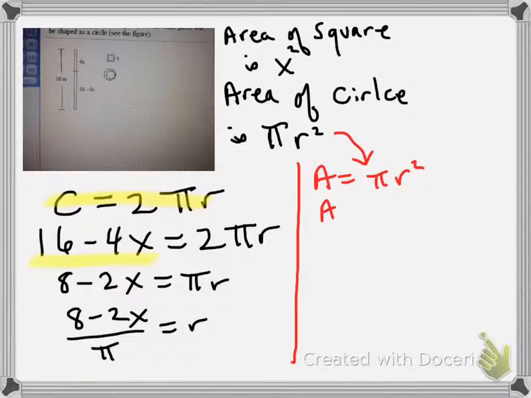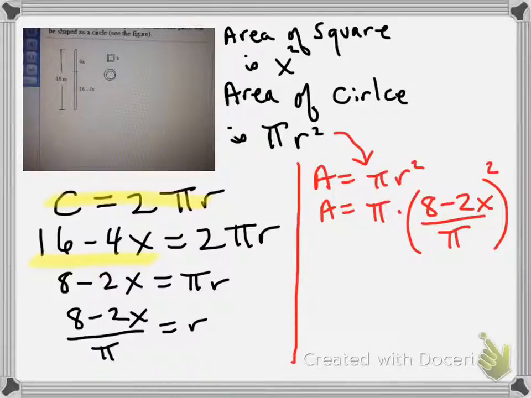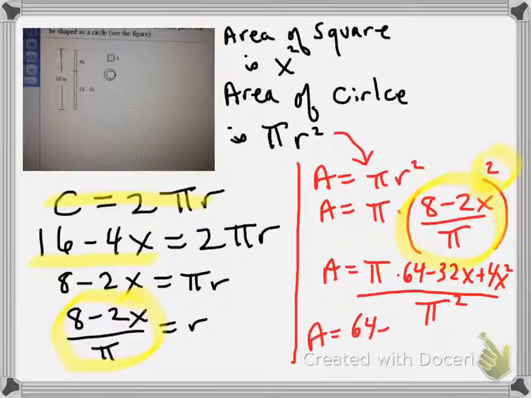And so then we can write out the area of the circle, which is pi r squared. And so substituting in the 8 minus 2x over pi in for r for the radius and squaring it, what we would get is pi times 64 minus 32x plus 4x squared.